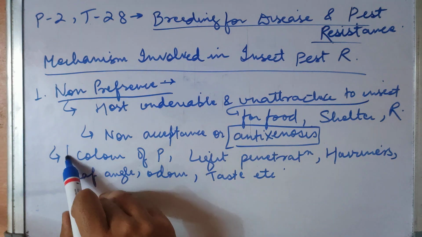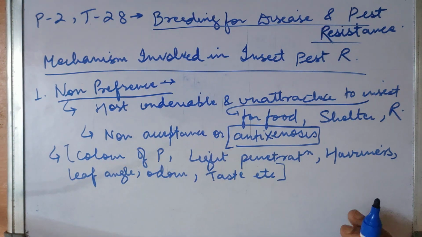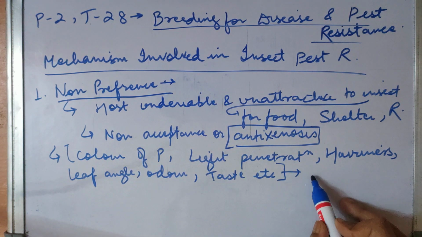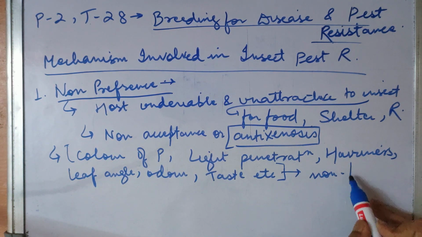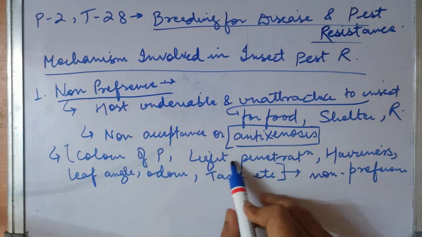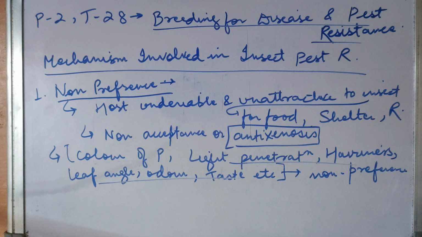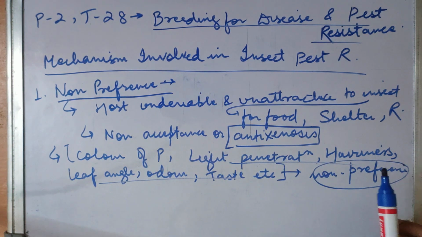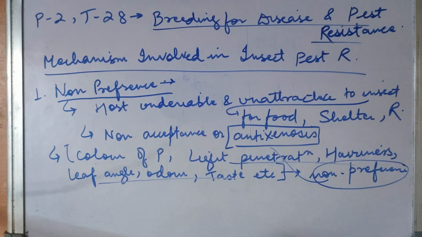So these are the characteristics of the plant that become unattractive. These characteristics are associated with non-preference. As these characteristics become undesirable and unattractive, the insect will not prefer that plant.